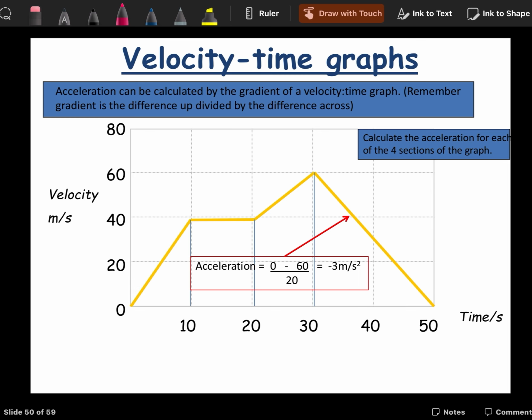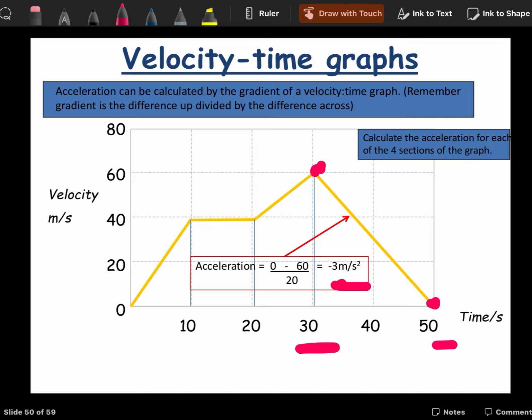Here look, the acceleration is negative, deceleration, because it slowed down. Its speed was 60 here, then how much did it become? At 30 seconds the speed is 60 meters per second, but when you come to 50 seconds the speed becomes 0, so it slowed down. The same way you will find its slope. So what is the rise here?